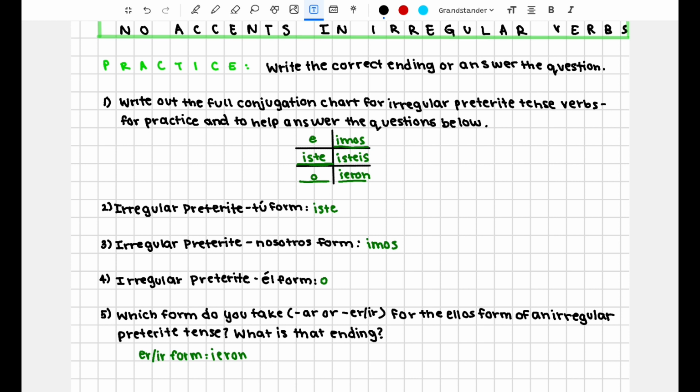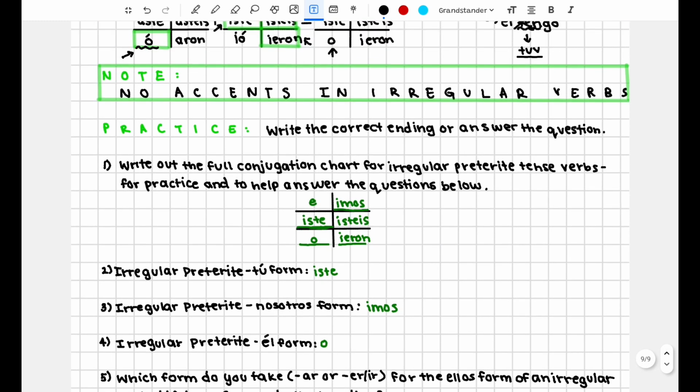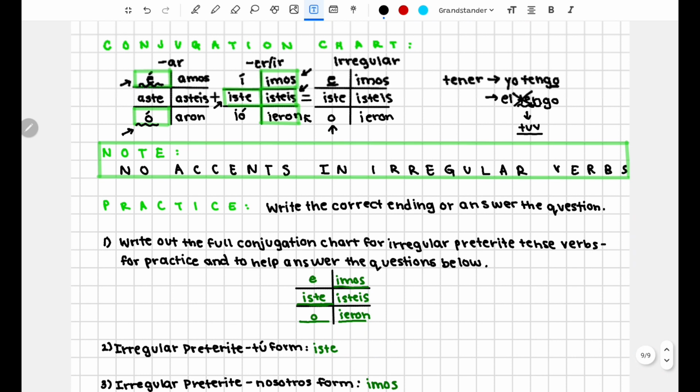So now that these endings are completely memorized in your brain, we can move on and look at the stems of the verbs that follow this chart. If you recall, in the last video, I talked about tener, how there's not that same stem anymore as it was in the present tense.